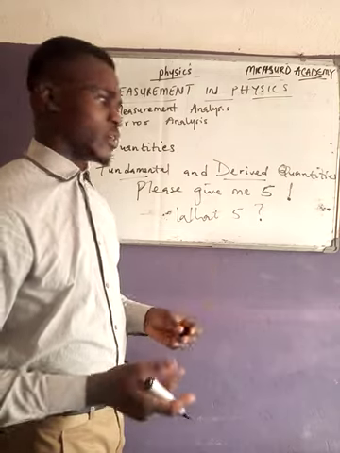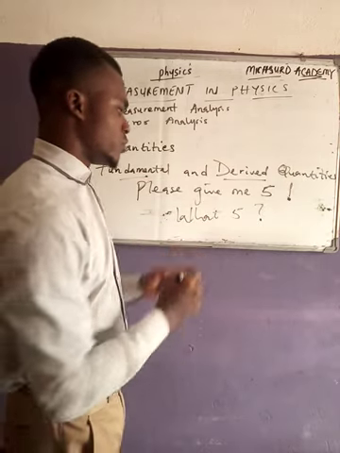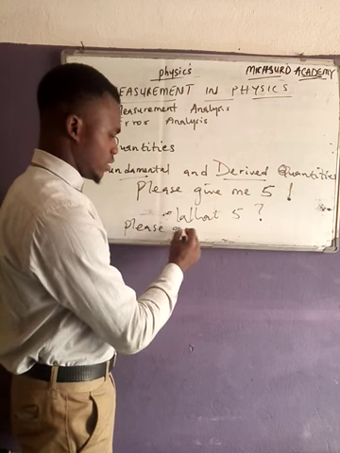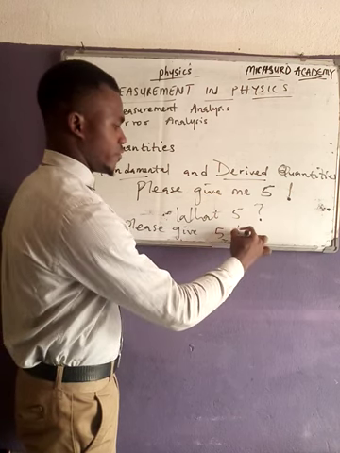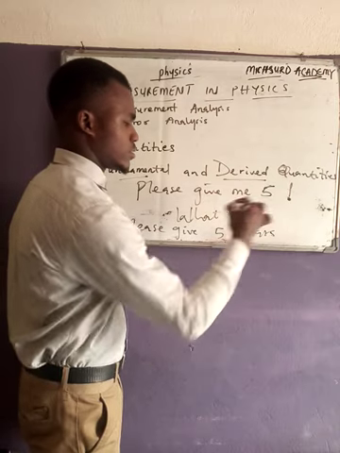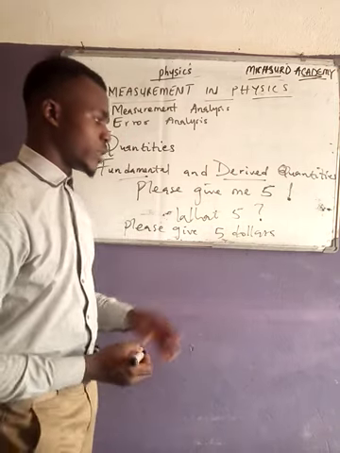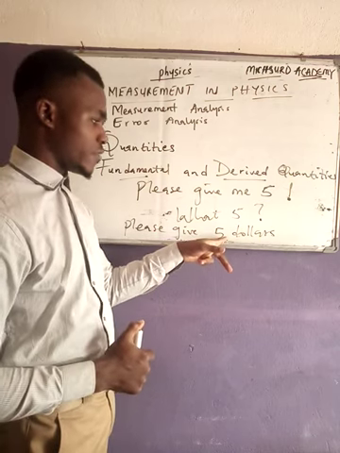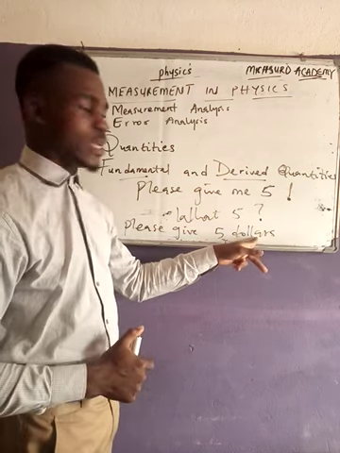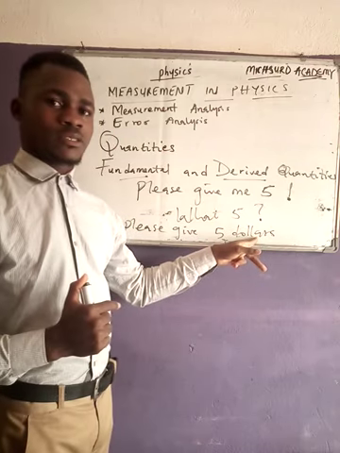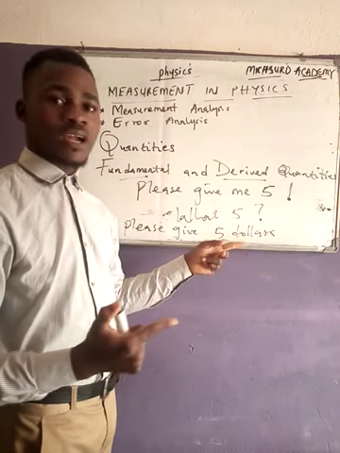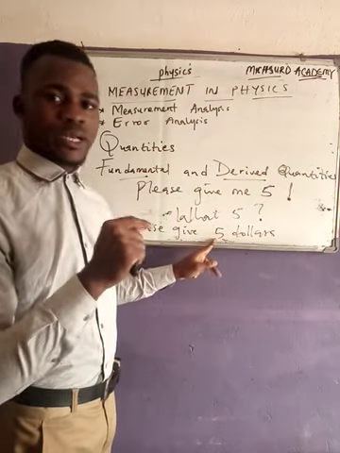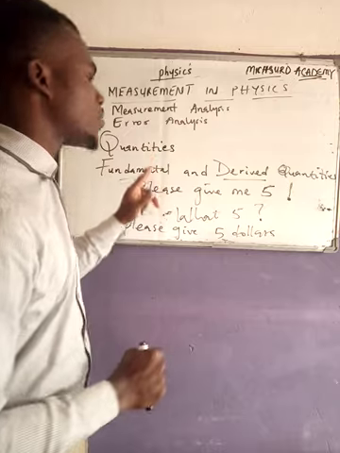But if the person says give me $5, you quickly know what the person is asking for, because the 5 is well defined with the dollars. It can be 5 naira or so, but the main point is that the 5 is properly defined.